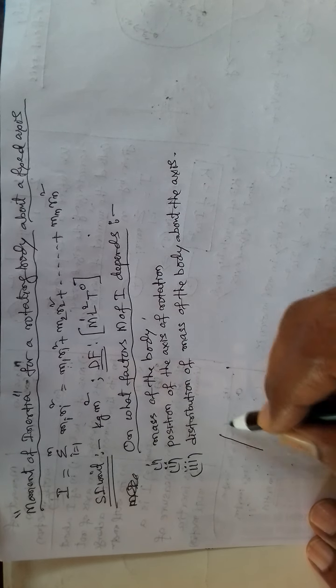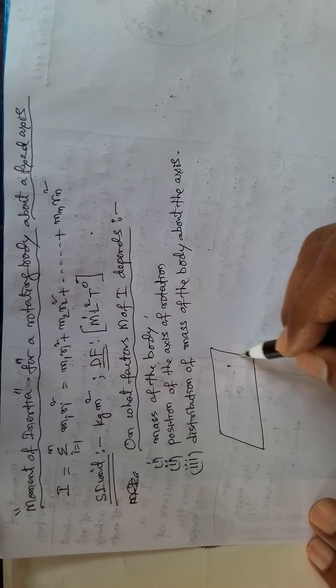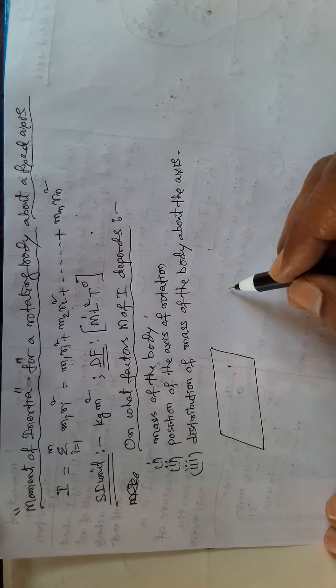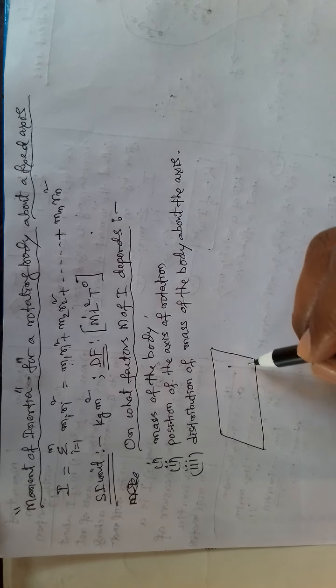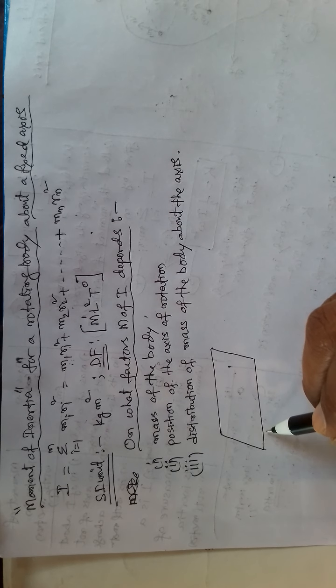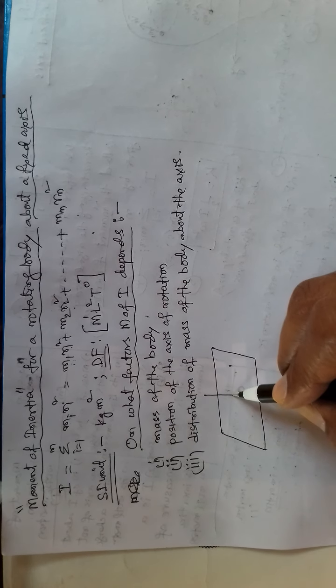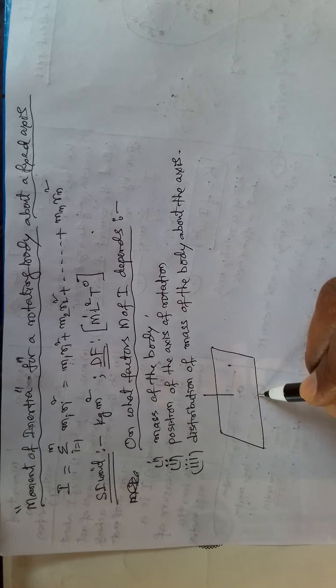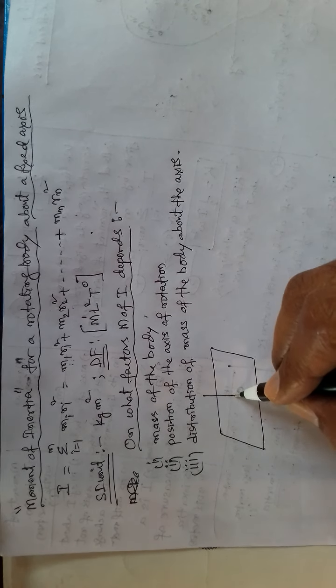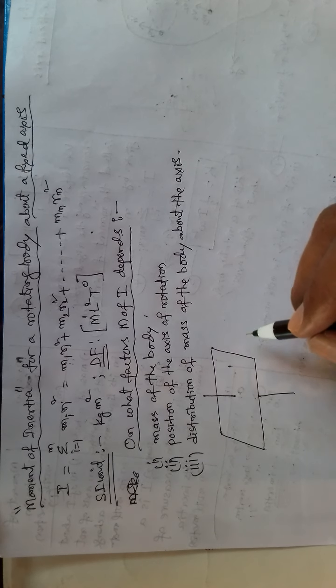Let us take one example. Let us take a rectangular lamina. This is having uniform density and uniform thickness. So you insert a spike exactly at the center of mass.